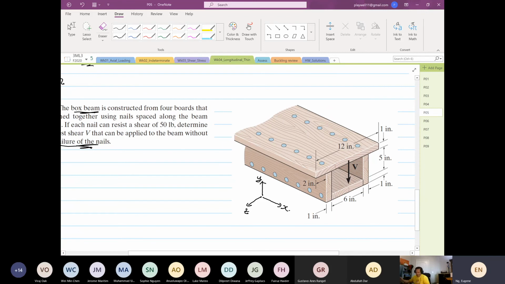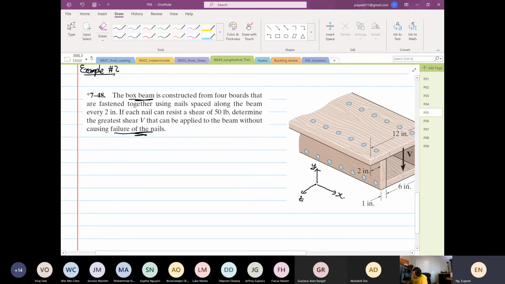So our IZZ is equal to 197.7 inches to the power of 3. So that is your IZZ.